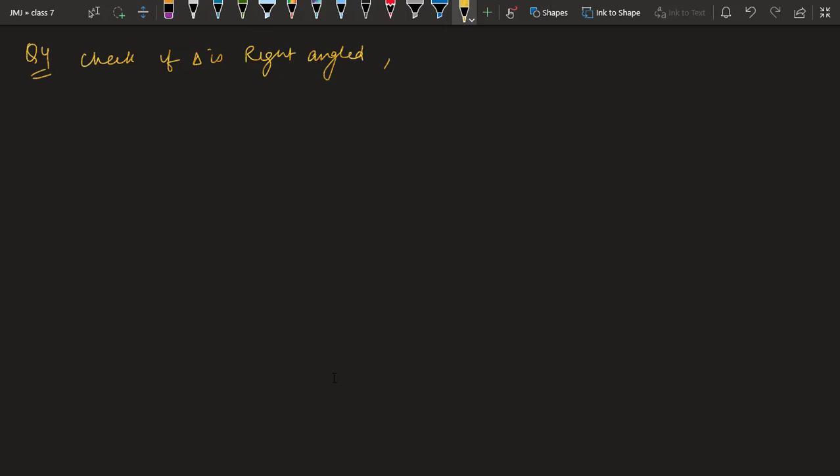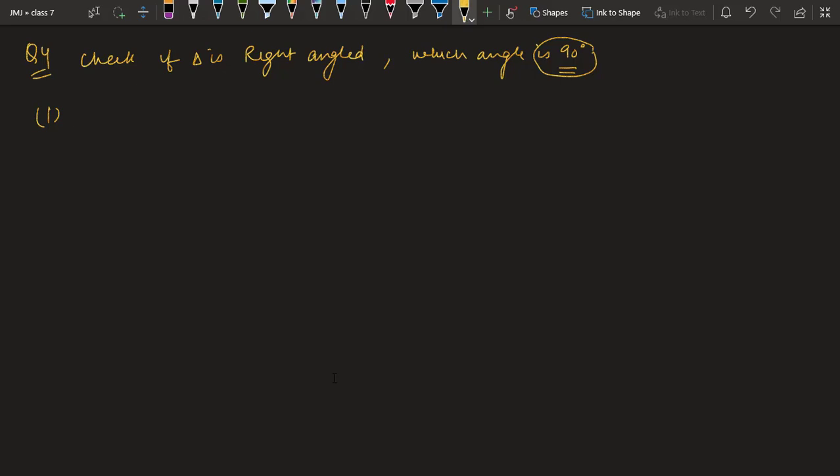Second, we have to find which angle is 90 degree. So for this we have a hint. The angle opposite to the longest side is your 90 degree angle. That is obvious.